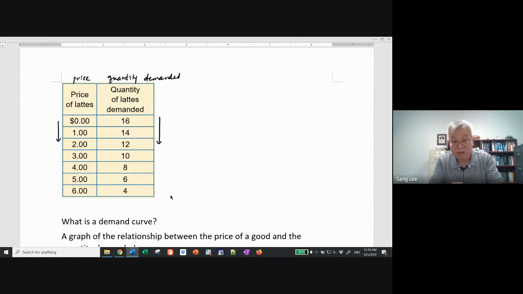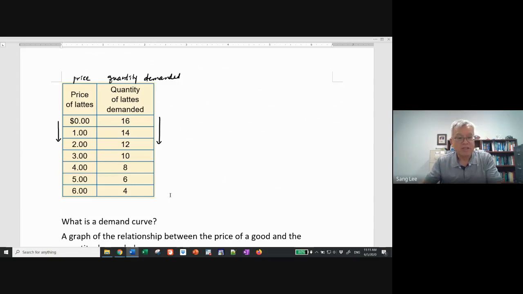Quantity demanded is the amount of a good or service that people are willing and able to buy at a particular price. Since there are 7 different prices, we see here 7 different quantities demanded. When price is 0, quantity demanded is 16. When price is 5, quantity demanded is 6. Okay.